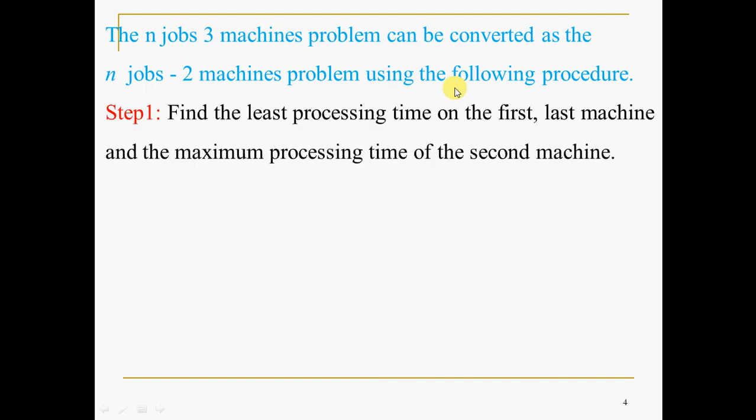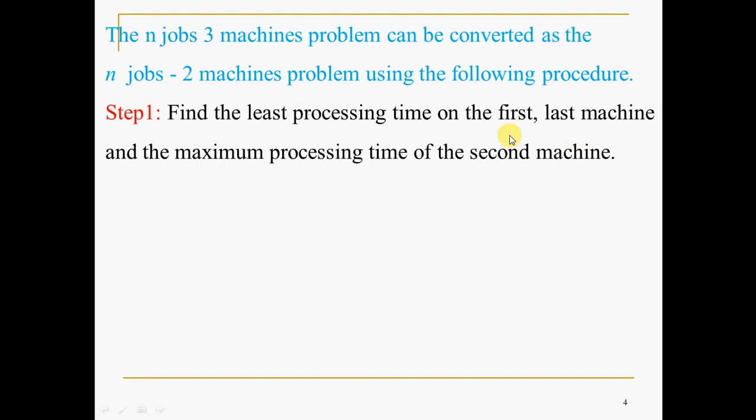Step 1 is to find the least processing time on the first and last machines and the maximum processing time on the second machine, that is, the in-between machine. From the given table, find the least processing time of the first machine M1, the last machine M3, because we're discussing n jobs three machines problem.